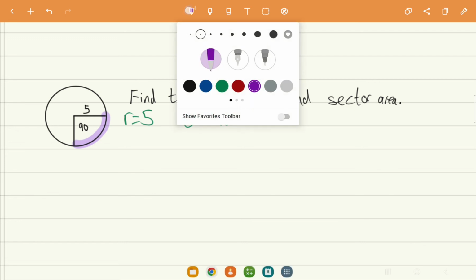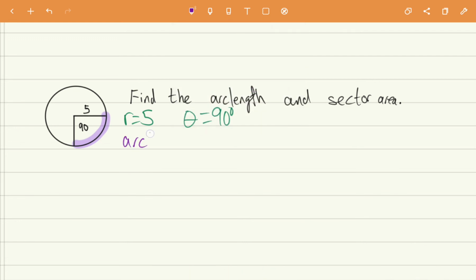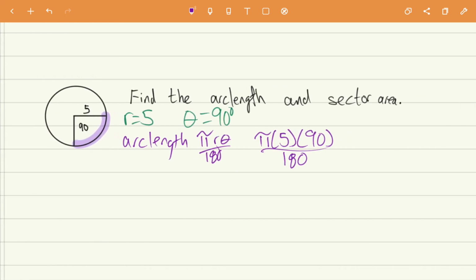Arc length, which is pi r theta over 180. You get pi times 5 times 90 over 180.